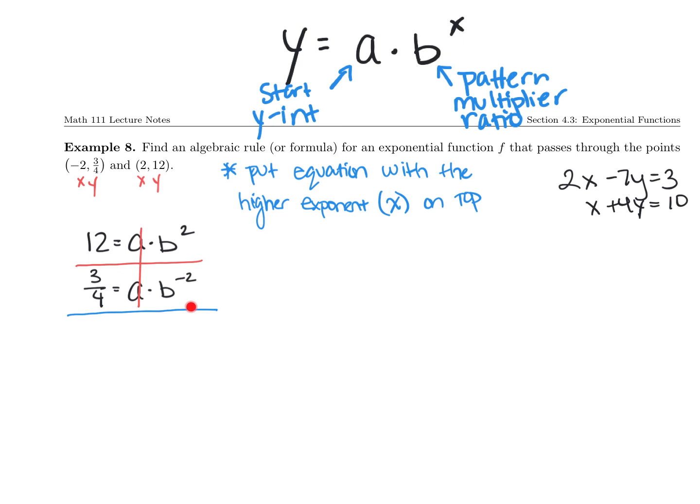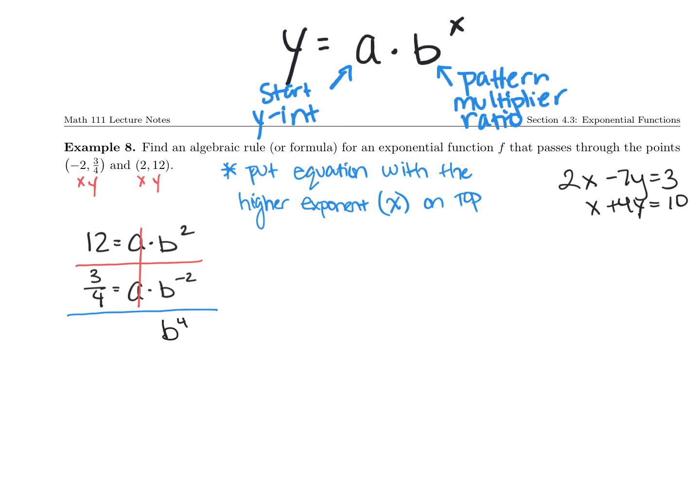So if I subtract the exponents here, I get 2 minus -2, which is going to give us b to the power of 4. If you put b to the power of -2 as your top equation, you'll end up with b to the power of -4, which isn't a bad thing. We just then have to deal with negative exponents. This might be a little bit easier.